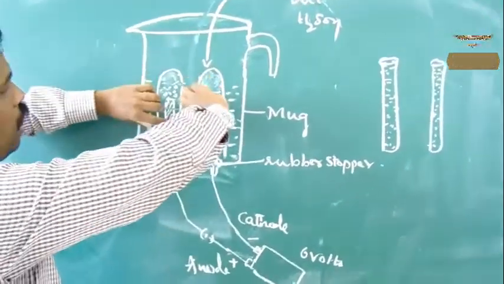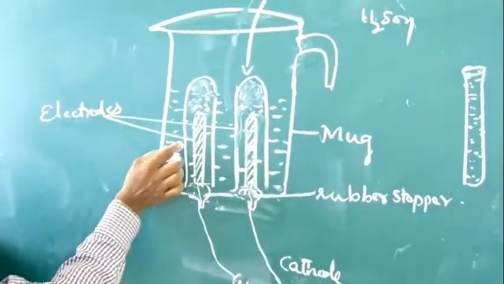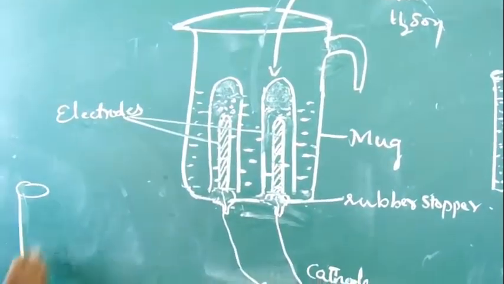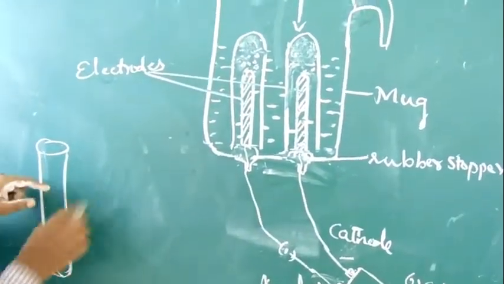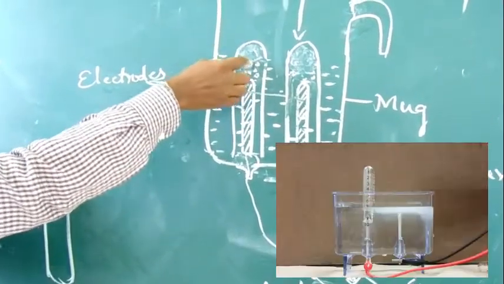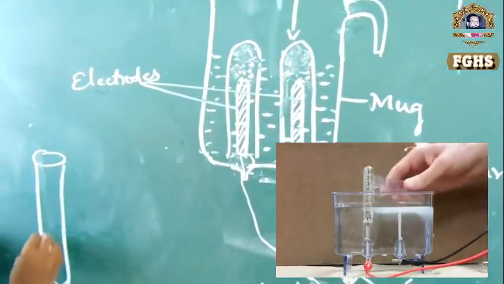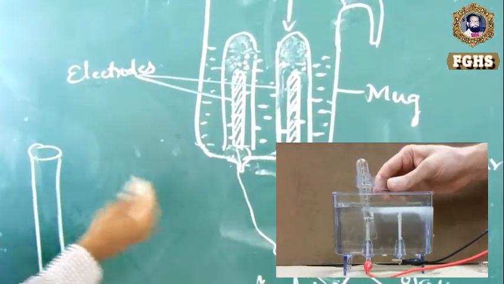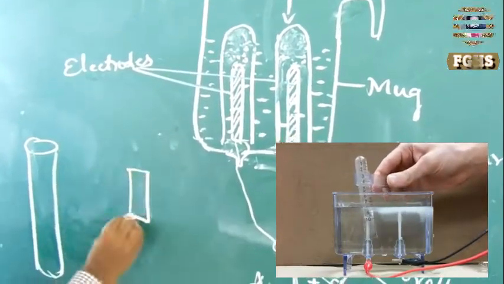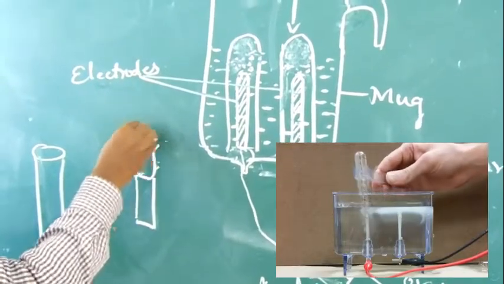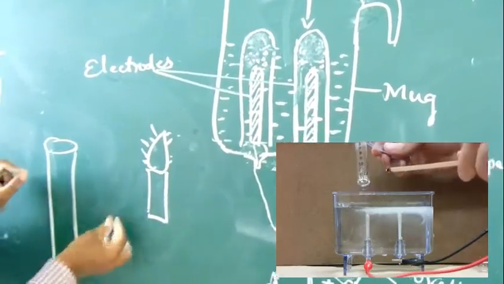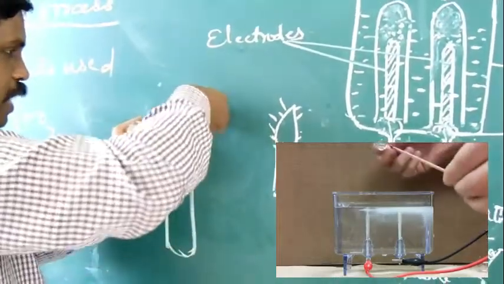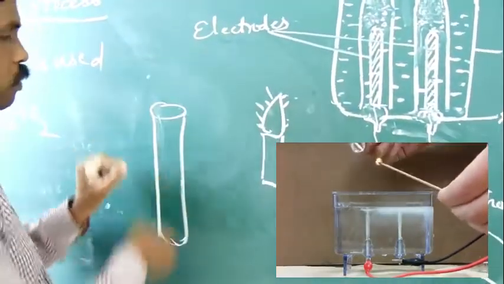After some time we remove the first test tube, where the gas is collected. I am going to bring a burning candle or a burning splinter to the mouth of the test tube.